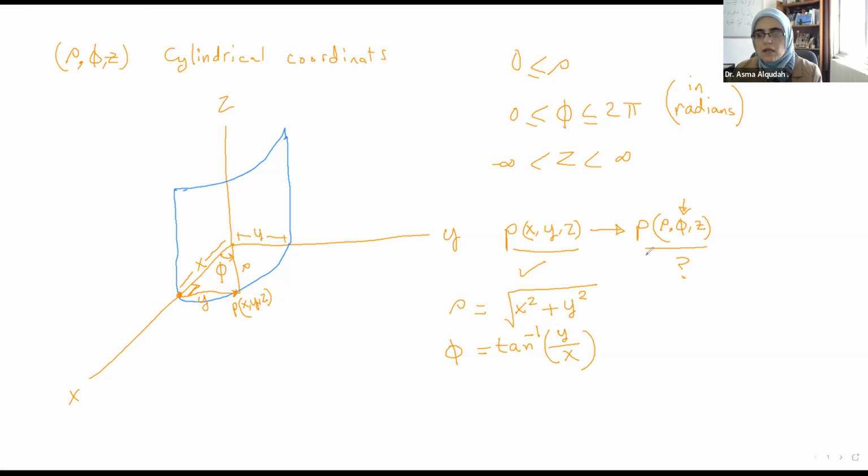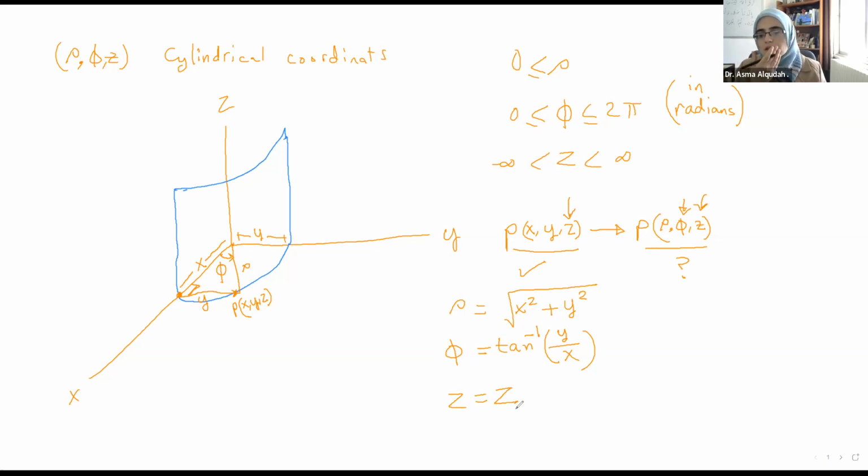So this is regarding phi, and then for the third component, which is z, z here is the same as z here. There is no change. So z in the Cartesian is equal to the one in the cylindrical.